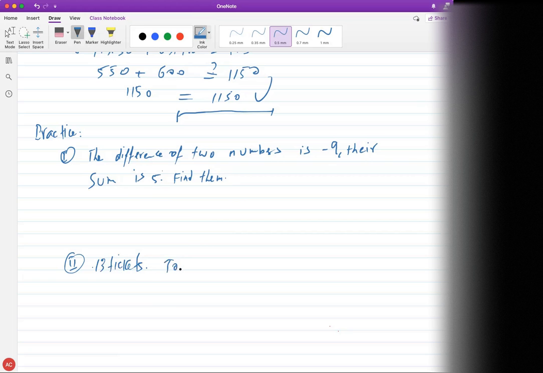Total cost, let's say the total cost is 460.